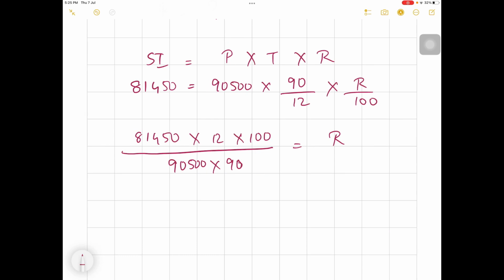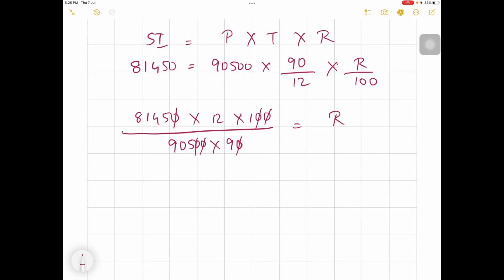Okay, let's calculate this. So 0, 0 you can cancel. This 0 and this 0 also you can cancel. This 0 and this 0 you can cancel.